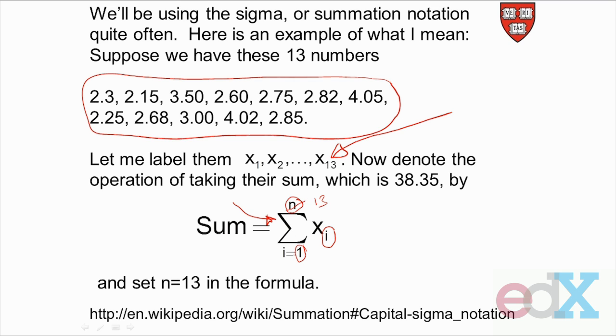And so I assume that you understand this. If you don't, pause here and find some source where you can read up about this. For example, if you go to Wikipedia and look up the capital sigma notation, you will get a nice review of what this is.